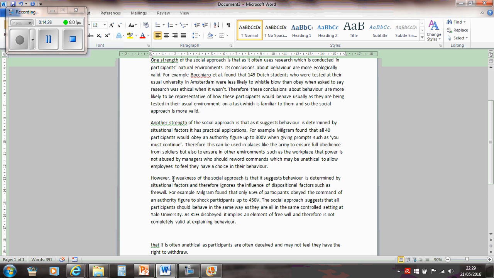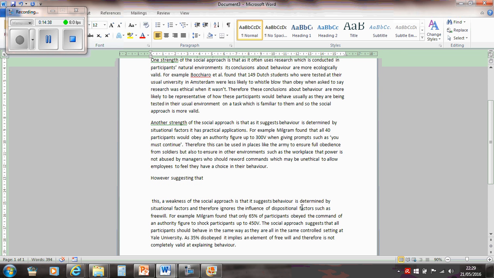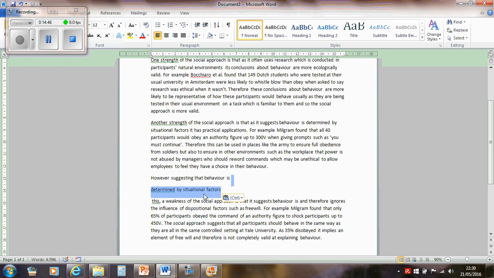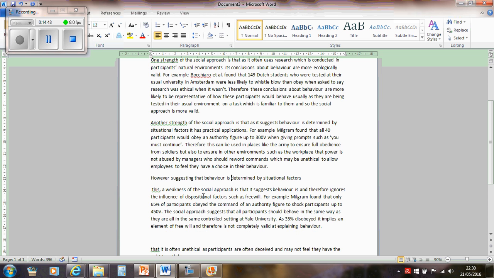However, suggesting that behaviour is determined by situational factors ignores the influence of dispositional free will.